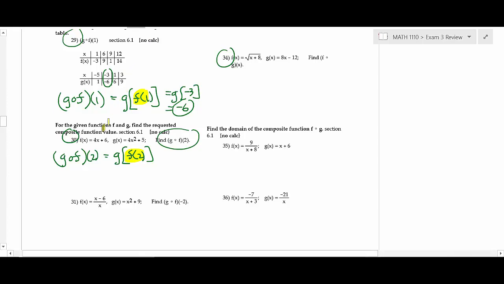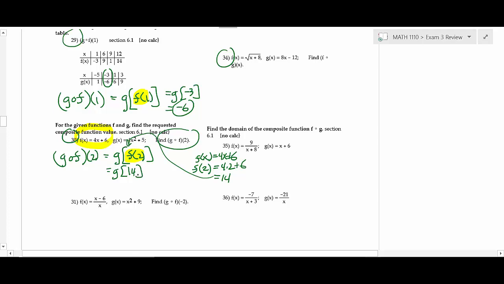The way to find f of 2 is to work with this function right here, f of x equals 4x plus 6. You're going to replace x with a 2. So you have 4 times 2 plus 6. That's 8 plus 6, so that's 14. That 14 plugs in here, so you would have g of 14.